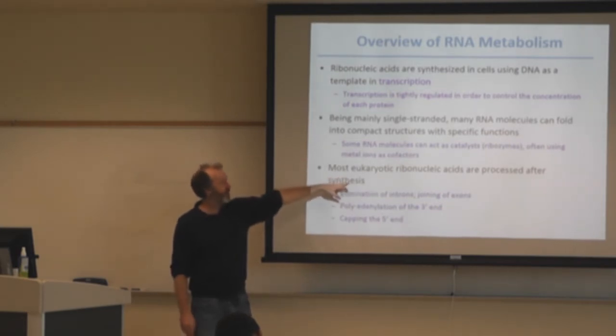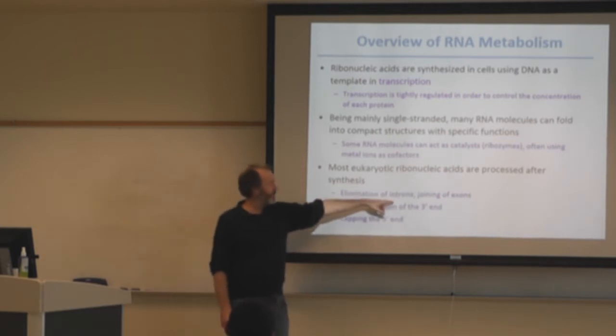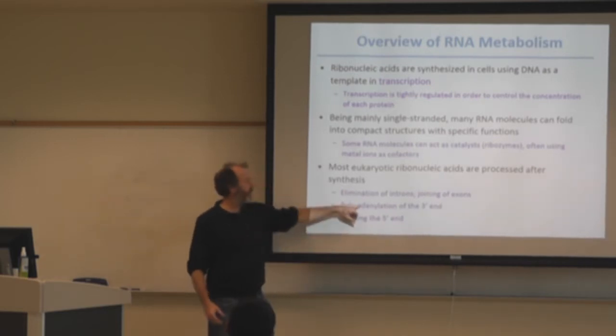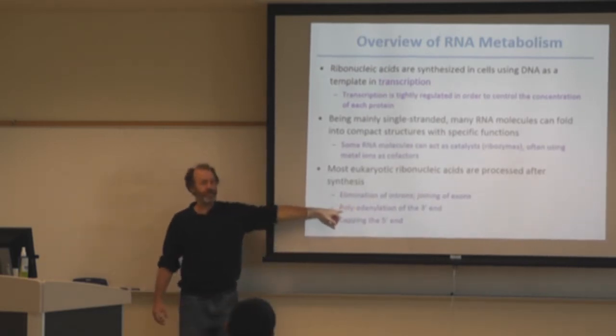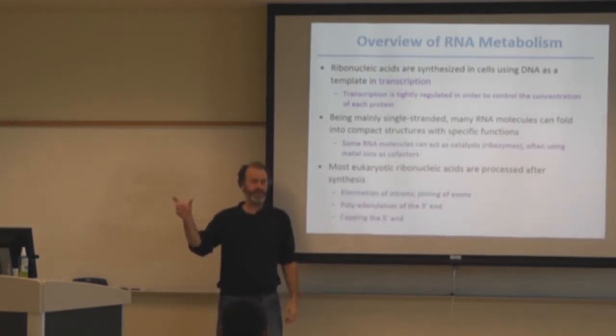So most eukaryotic ribonucleic acids are processed after synthesis. So we make our mRNAs, we've got to eliminate introns and join the exons together. We also have, in eukaryotic genes, the poly-A tail at the end of a message.